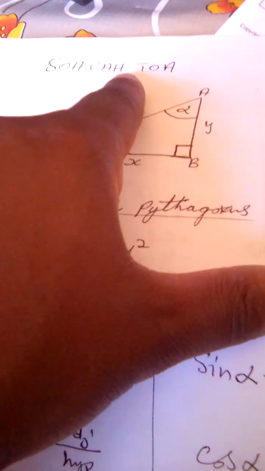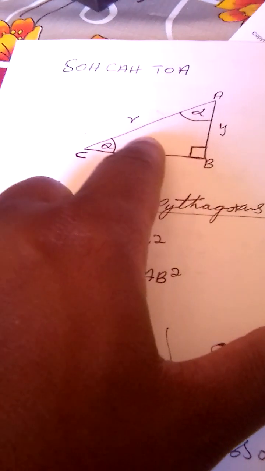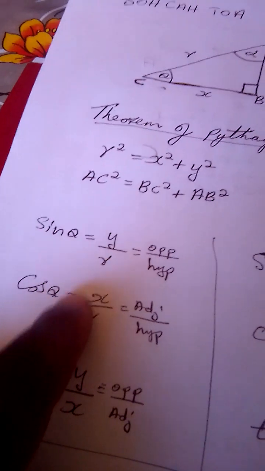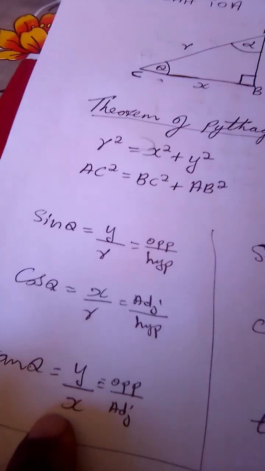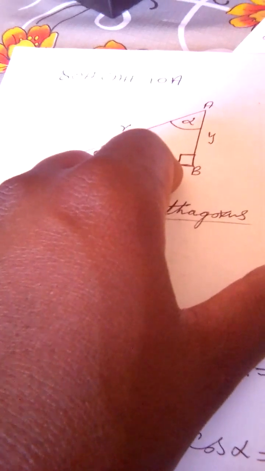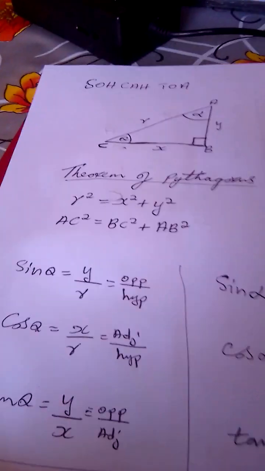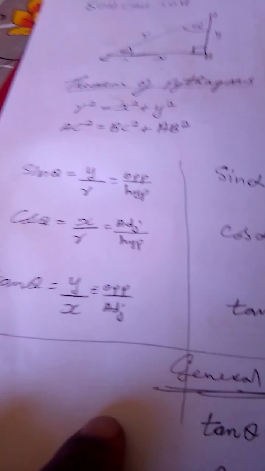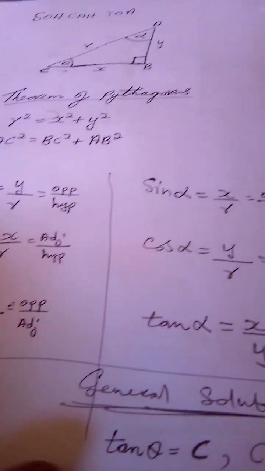So according to SOHCAHTOA, cos is adjacent over hypotenuse, so it's x over r. Tan is opposite over adjacent, so it's y over x.